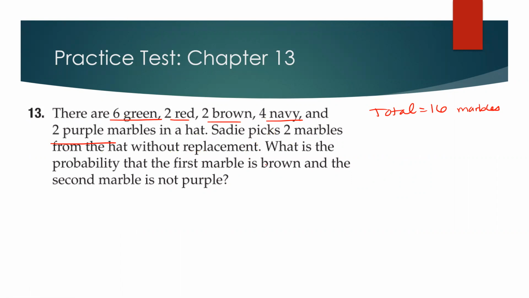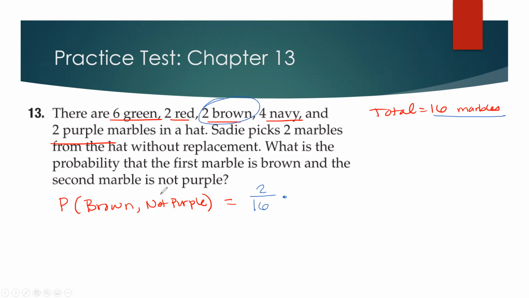What is the probability that the first marble is brown and the second marble is not purple? Okay. So the first marble being brown, what's the probability of that happening? Well, there are 2 brown marbles out of a total of 16 marbles.